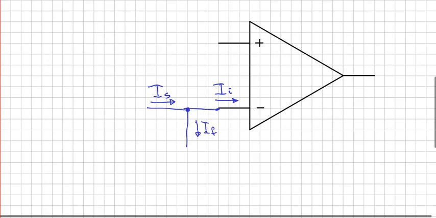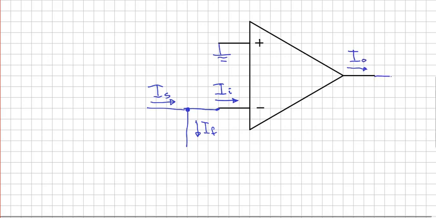Now I'm going to also connect the positive input to ground so there's a place for the current to flow. And on this op-amp, the output current comes out here. And on any op-amp or any amplifier, you have to have a load resistor.